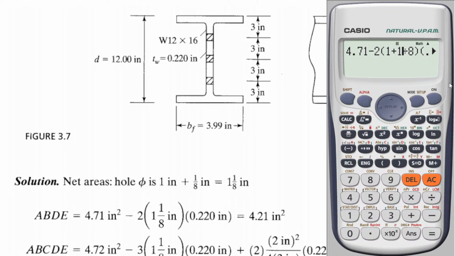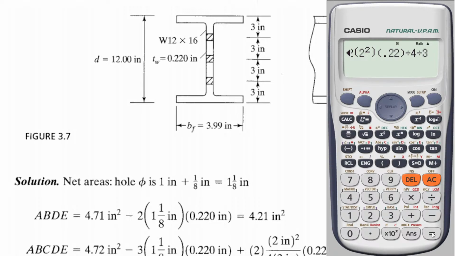So let us put the 3 because there are 3 holes here, plus 2 times S squared over 4G, times 2 squared, times thickness. Thickness is 0.22, over 4G, divided by 4, divided by 3 because G is 3.